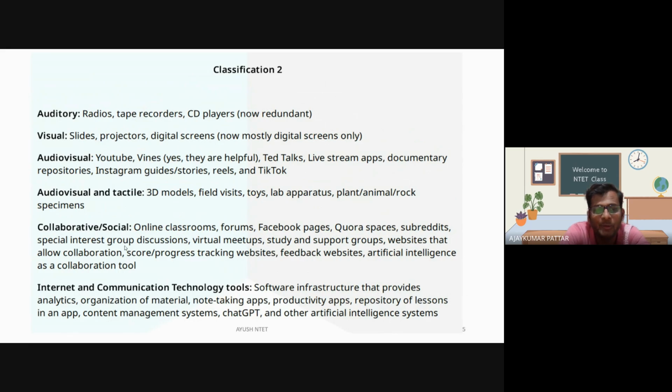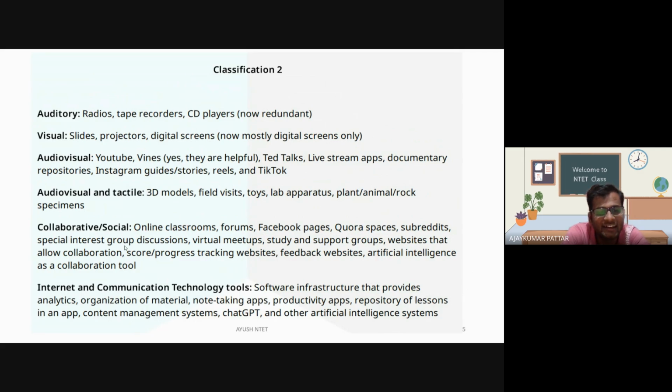So if you use that type of teaching aid, it is called collaborative or social, because collaborative means a lot of people are collaborating on that particular platform, and they will give ideas, suggestions, or possible answers for your question. If you are using this platform as a teaching aid, it comes under the collaborative or social platform.